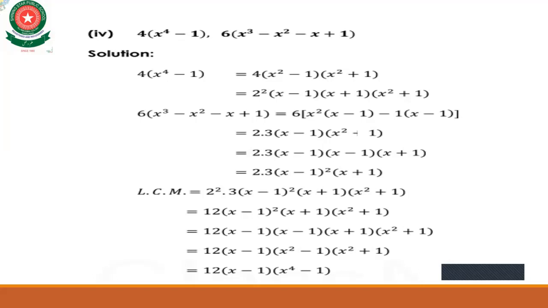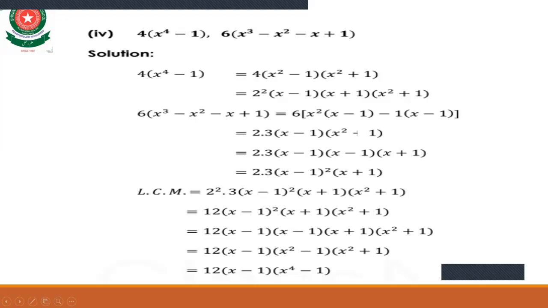You can open again the formula for x square minus 1 as x plus 1 and x minus 1, by taking the square of 1, a square minus b square is equal to a plus b into a minus b. So you can write it as x minus 1, x plus 1 into x square plus 1. That is the first factors of the first equation.